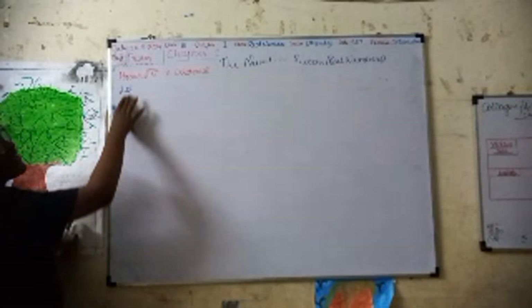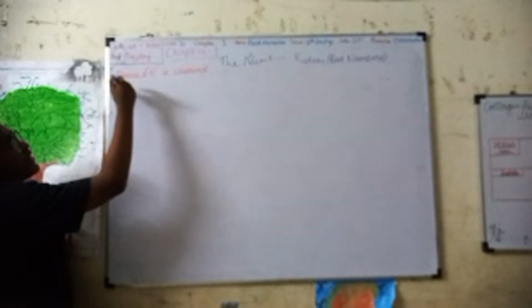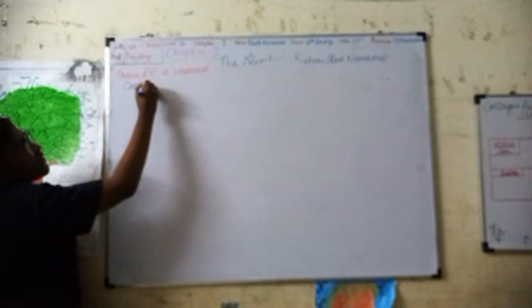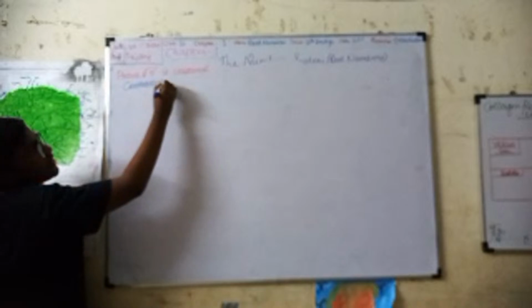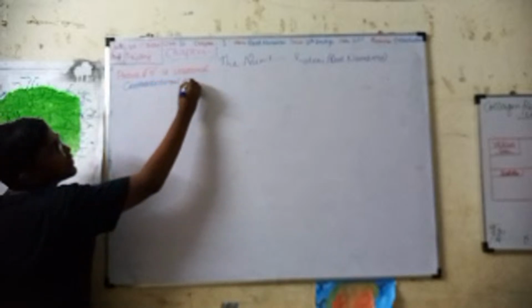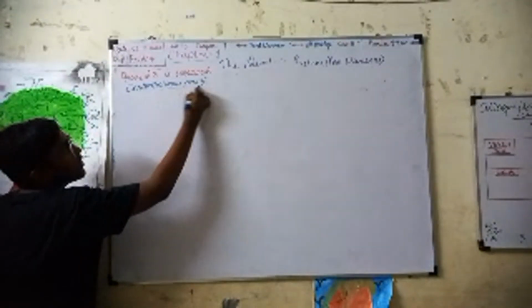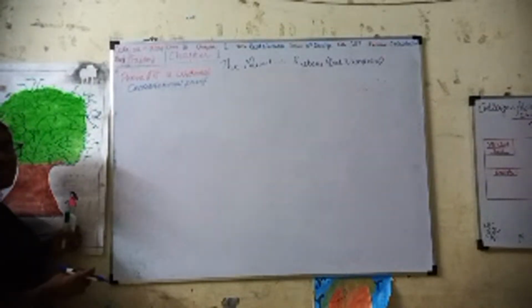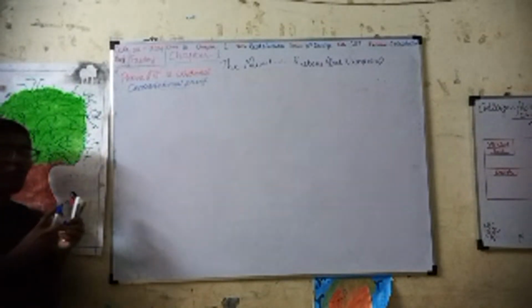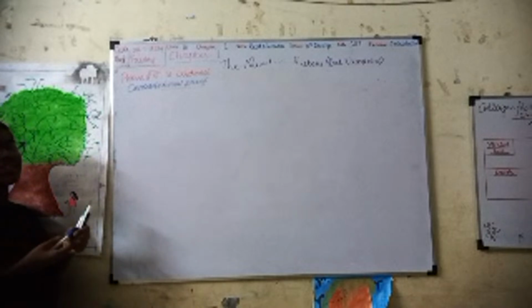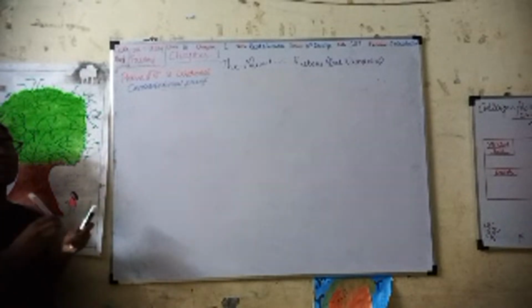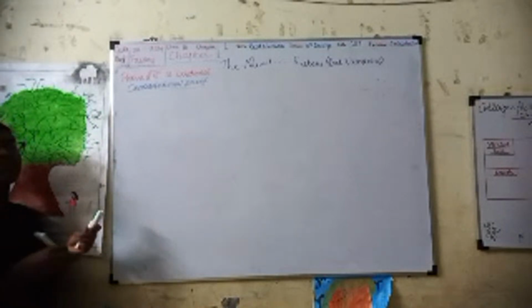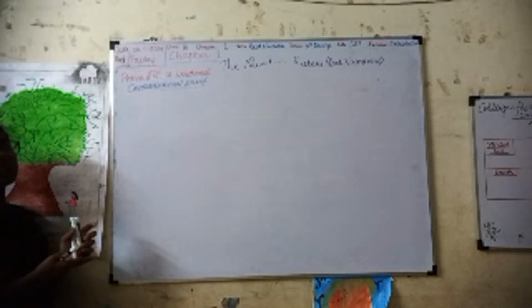This method of proving is known as contradiction proof. We are going to assume something that is false, root 5 is rational. That is false. But using that statement, we are going to give a counter statement using a theorem.